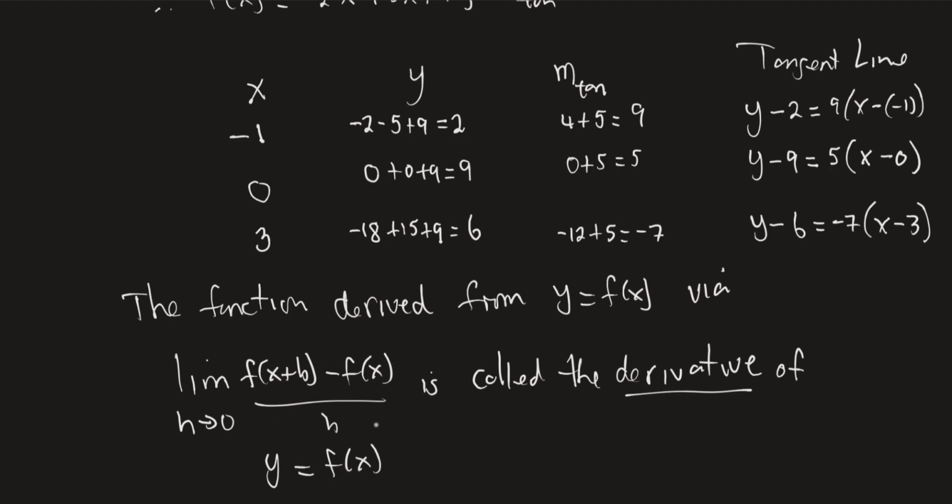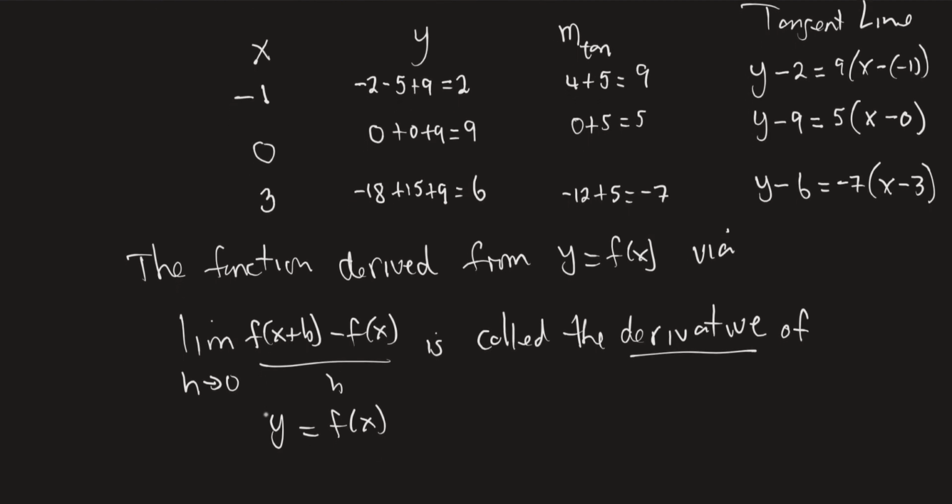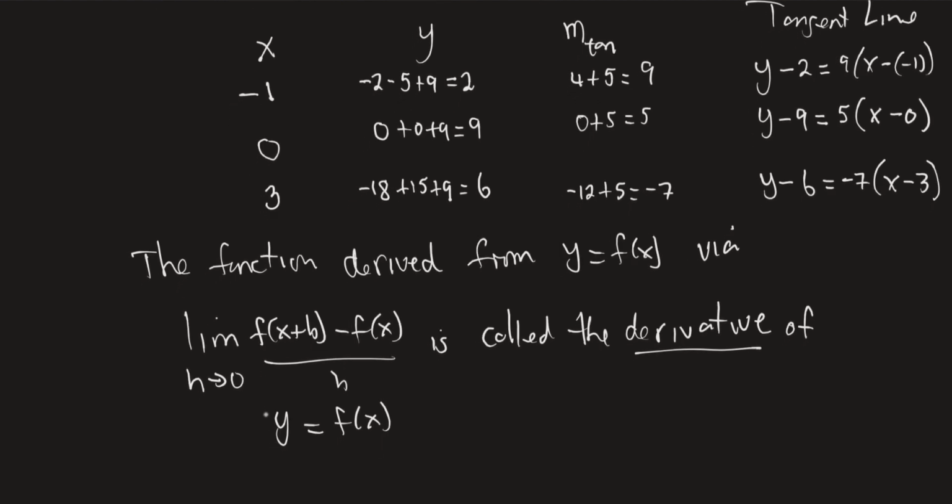So provided this limit exists, we have to keep saying that because we know limits don't always exist, and we'll look at some clear-cut instances where we can tell, even just by looking at a graph, when this limit won't exist.